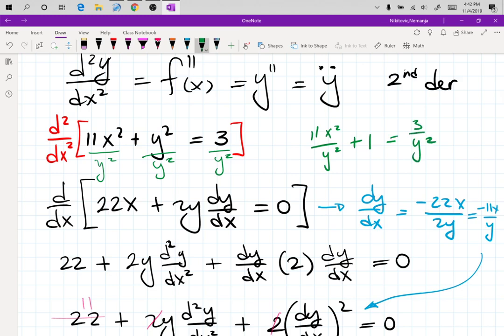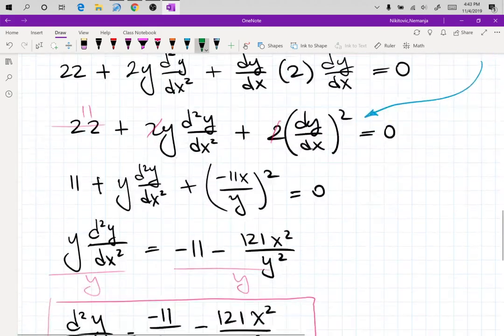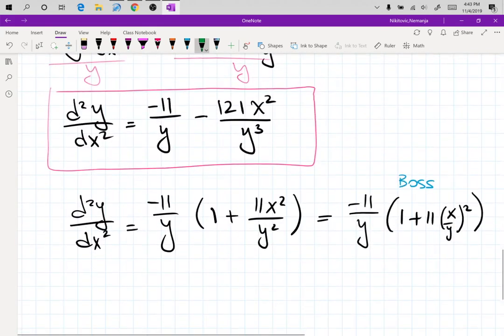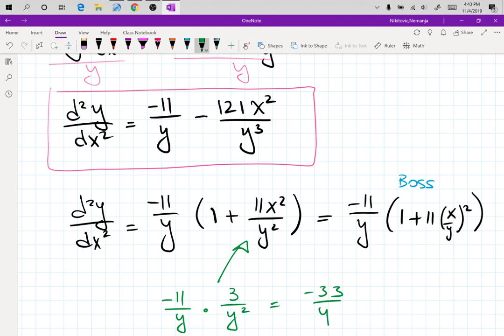So you see this is the piece that I have factored. You see it here. So this becomes negative 11 over y times, and this whole parenthesis is 3 over y squared, becomes negative 33 over y cubed. It's just flexing. That's all it is.